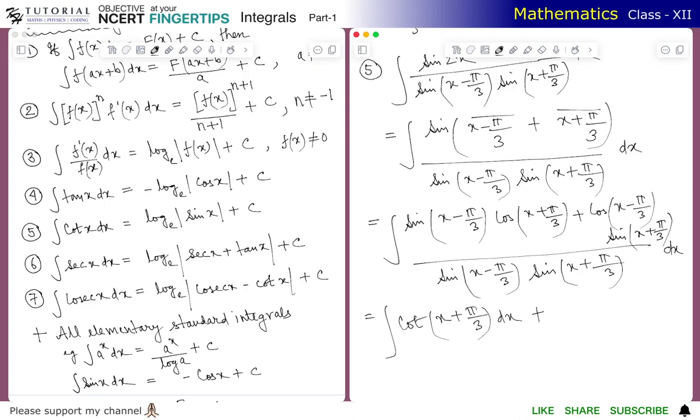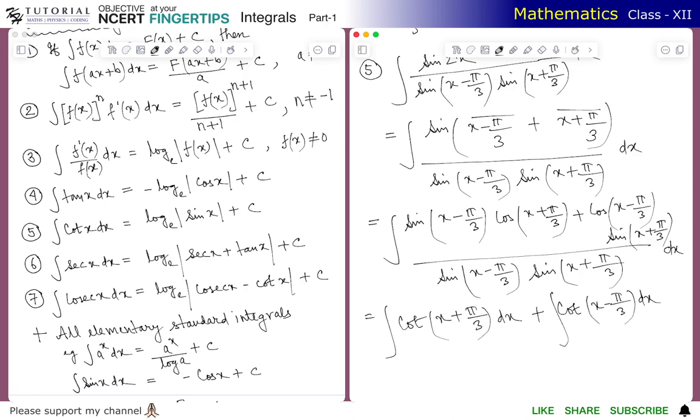And from the second term, sin(x + pi/3) is cancelling out, and we are left with cot(x - pi/3).